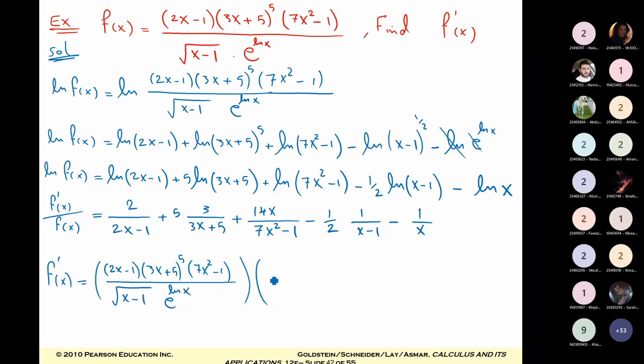Multiply by 2 over (2x minus 1) plus 15 over (3x plus 5) plus 14x over (7x squared minus 1) minus 1 over (2x minus 2) minus 1 over x. Okay? Any question?